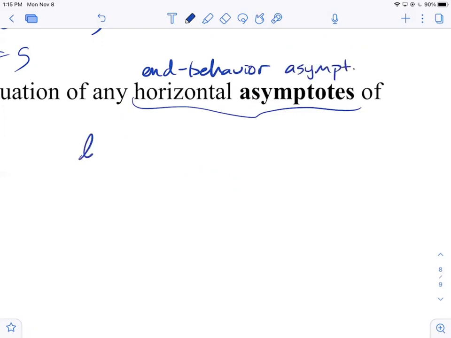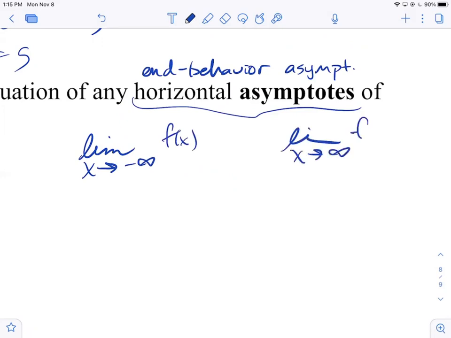And the analysis is always this, right? The limit as x goes to negative infinity of the function, and the limit as x goes to positive infinity of the function. That's how we show the analysis, because by definition, if either one of those two equals a finite y value, then there's a horizontal asymptote at y equals that finite y value, and vice versa.